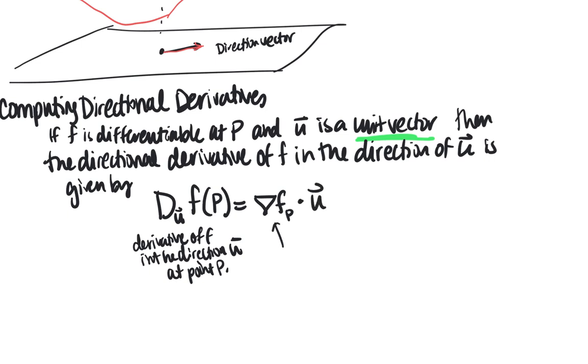So this means the gradient of f evaluated at P, and then this is the unit direction vector.